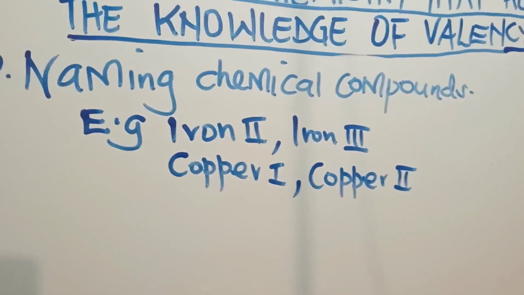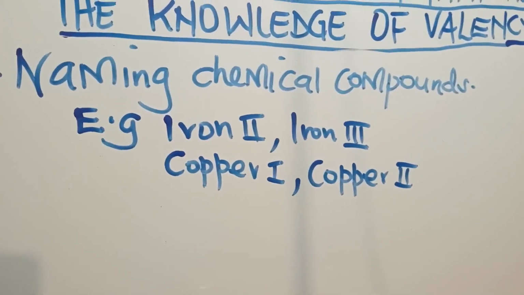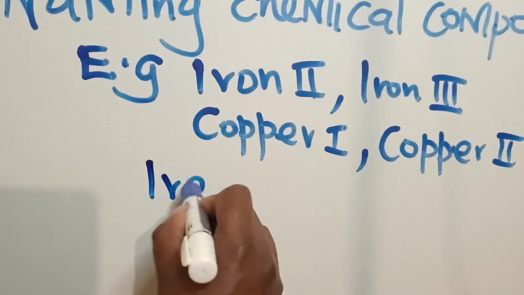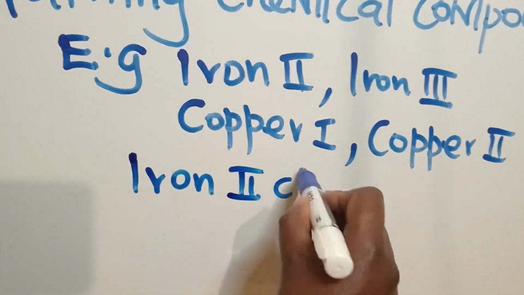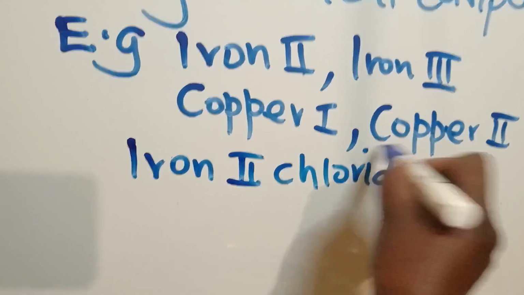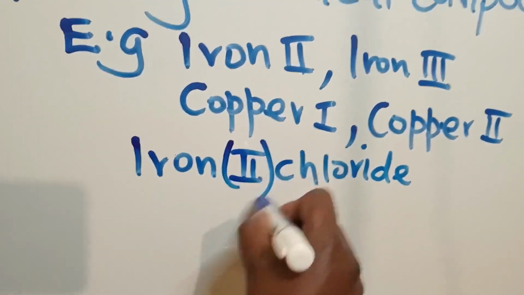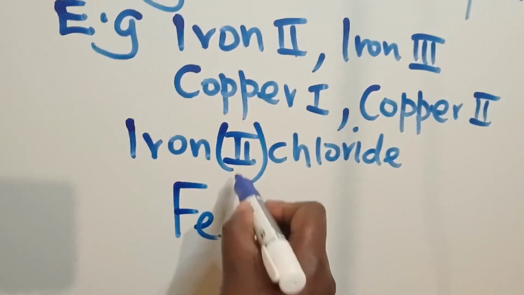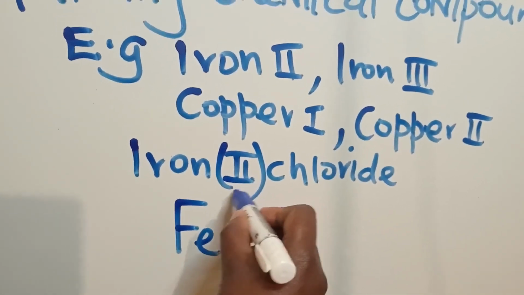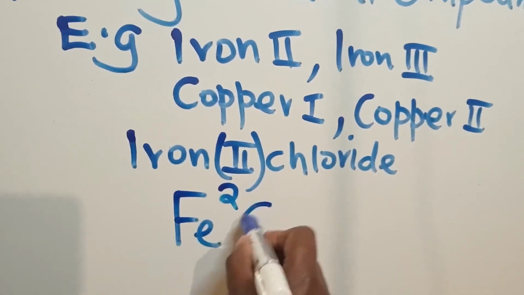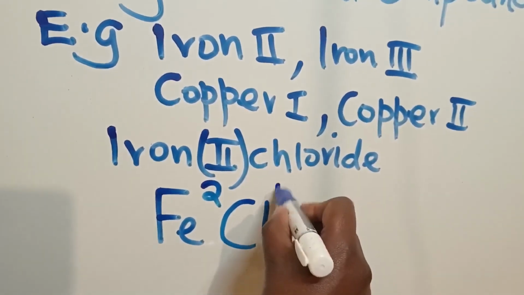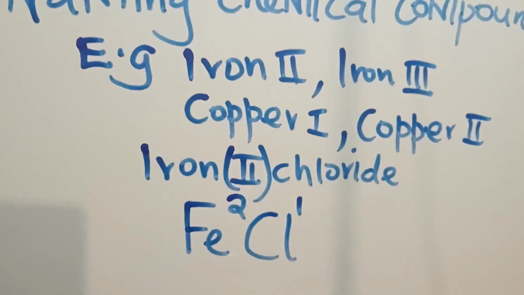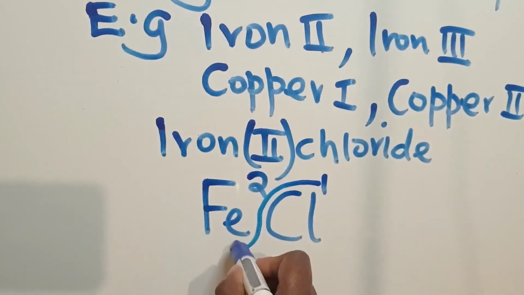And when you use these elements in the writing of chemical compounds, for example, you need to write the formula of iron 2 chloride, you will first of all write the symbol for iron, then take this 2 to be the valency for iron, and then chlorine, as usual, has valency 1, as we have seen in the first point. Then you exchange these valencies.